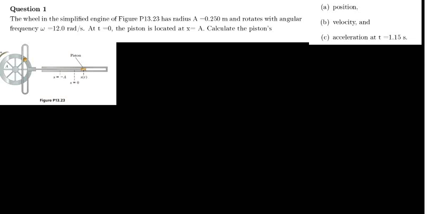It doesn't mean that only part C is where we're supposed to use t is equal to 1.15 seconds. No. It is saying calculate the position, velocity, and acceleration at t is equal to 1.15 seconds. So this 1.15 seconds is for A, B, and C. You get my point, right?